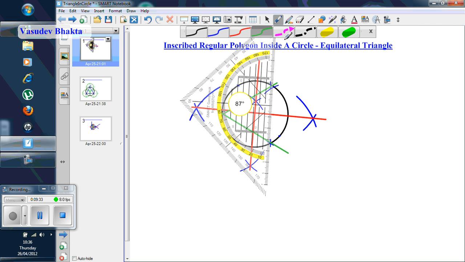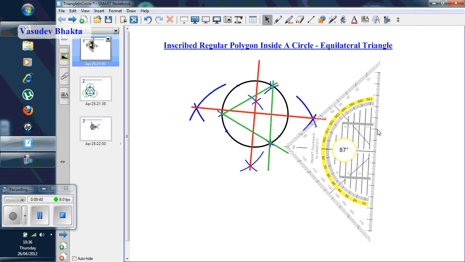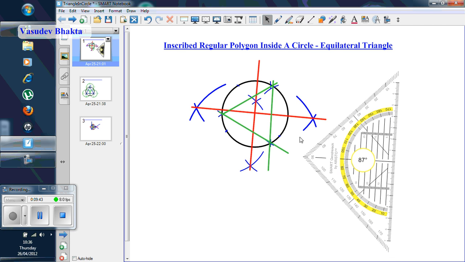There we go. And our final point on that, what we have, if I remove the protractor, set square, what we have is our equilateral triangle inscribed within the bounds of the circle.